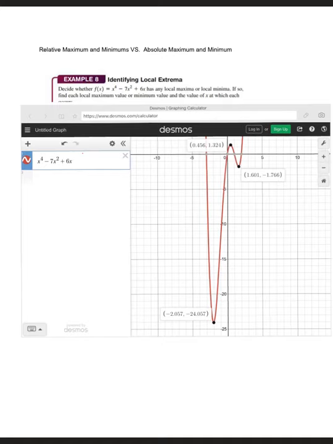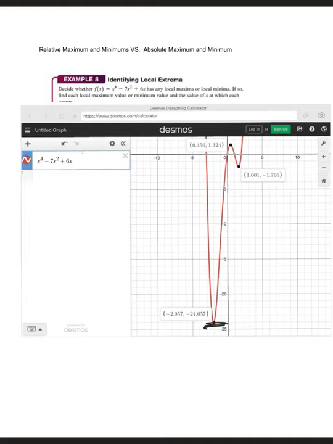So for an absolute max, we look back at our definitions. Those are the absolute highest or lowest point of the graph. I do not have an absolute max because there is no highest point of the graph besides infinity, because this goes off infinitely on both sides. My absolute min, is there a bottom to my graph? Well, absolutely. Down here is the bottom of my graph.